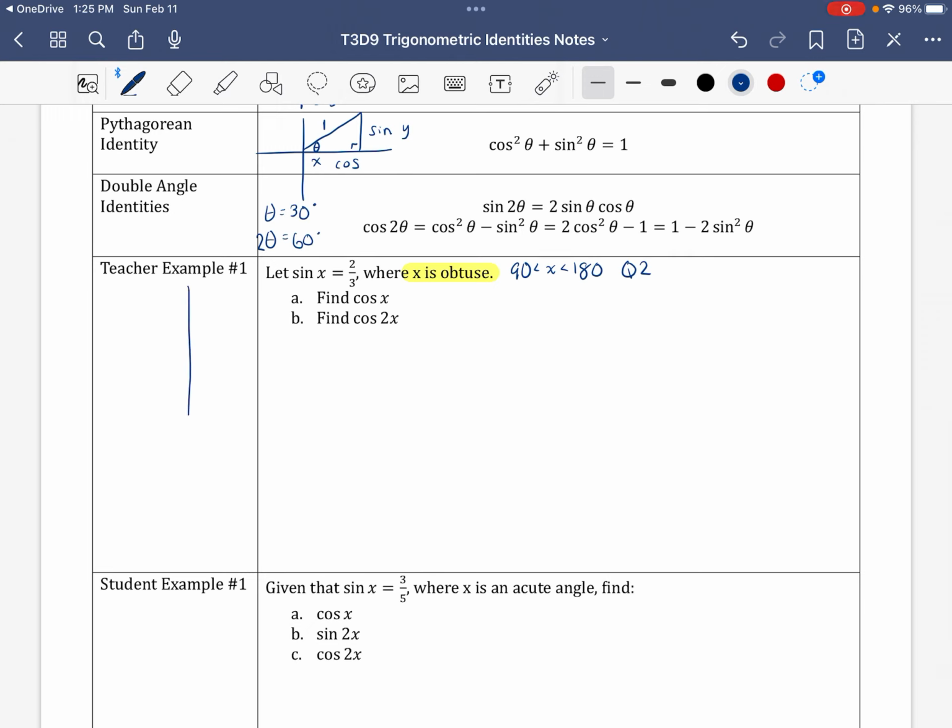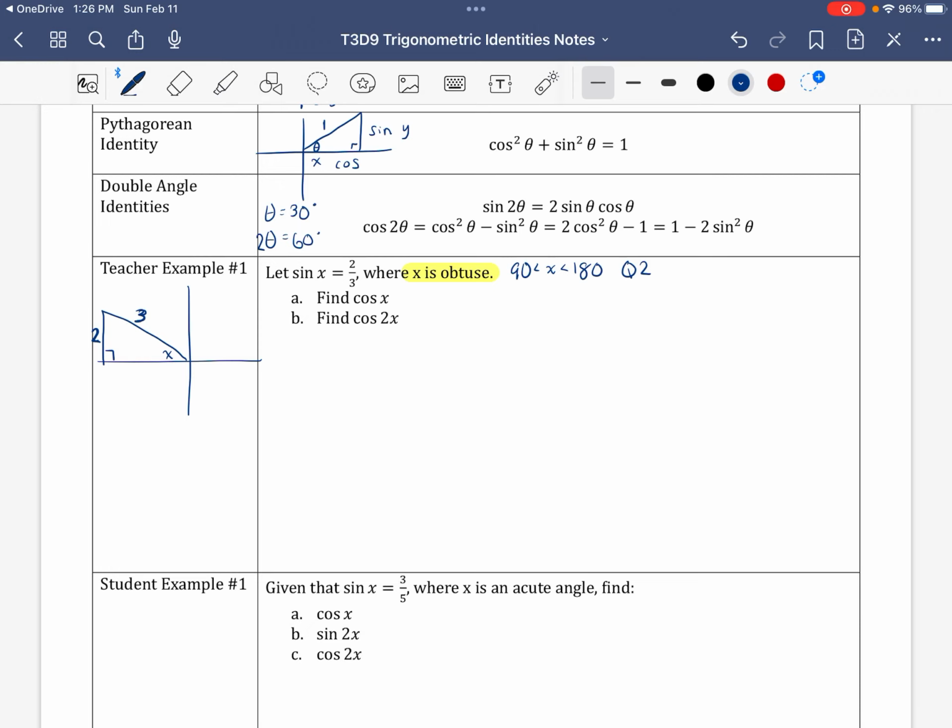So if I'm going to draw our triangle here, we're going to end up with something in our second quadrant, and it tells us our sine value. Sine is opposite over hypotenuse, so our opposite side is 2, and our hypotenuse is 3.